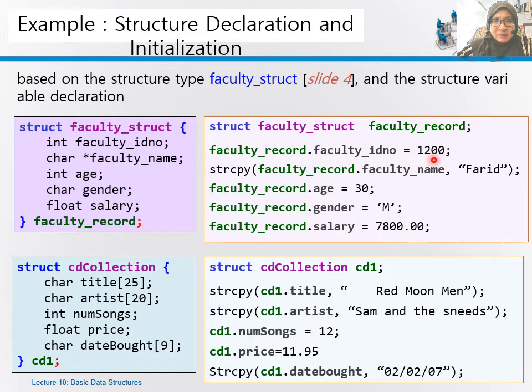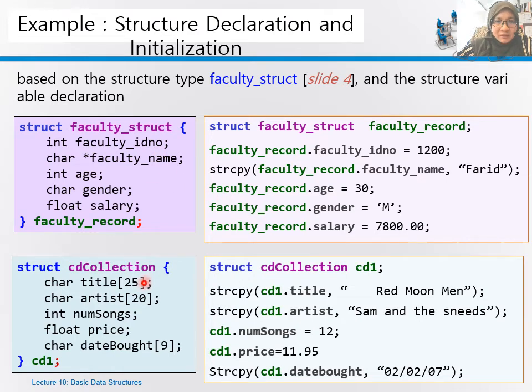So this ID number is 1200. This is the structure variable, and all the black text here, faculty ID number, faculty name, age, gender, and salary, are the members of this struct. You have Farid, age 30, gender M, and salary 7,100. So this is how you declare, initialize, or call the variable data for faculty struct.